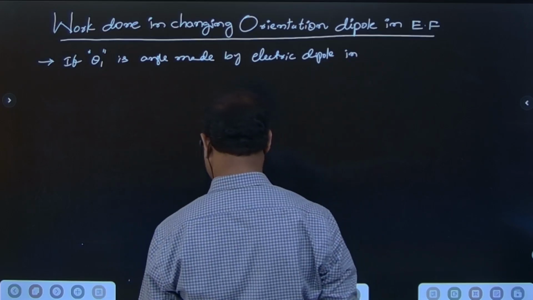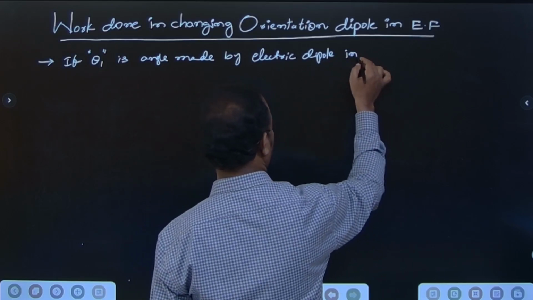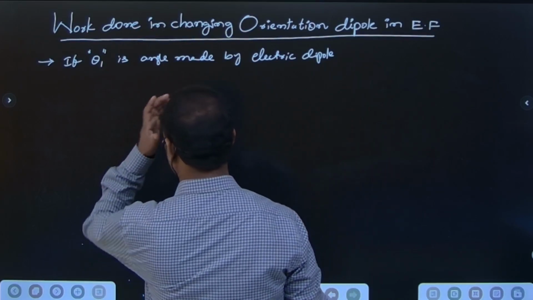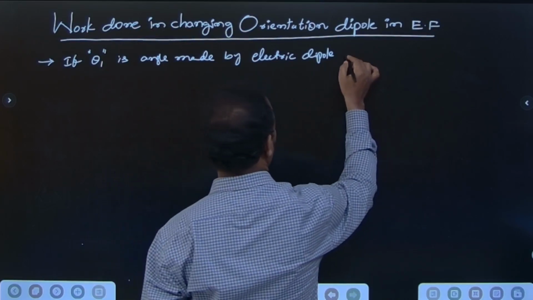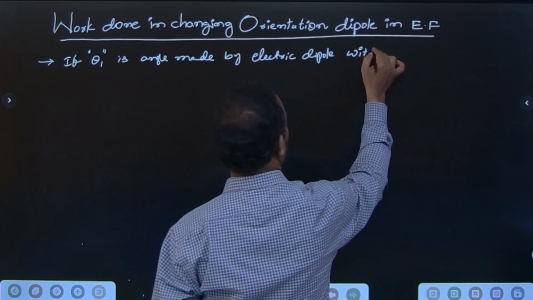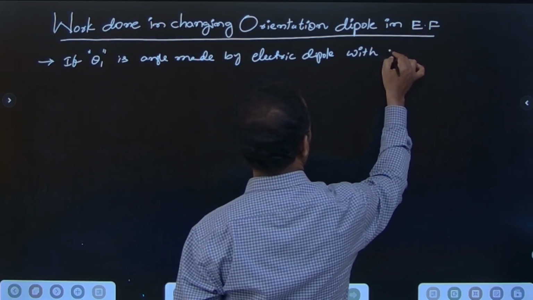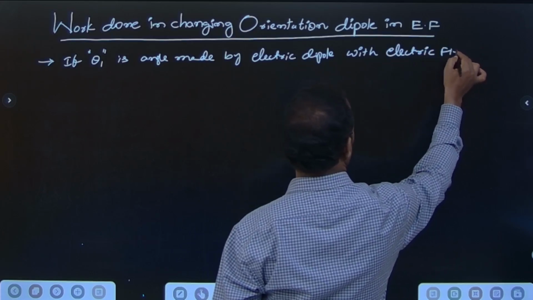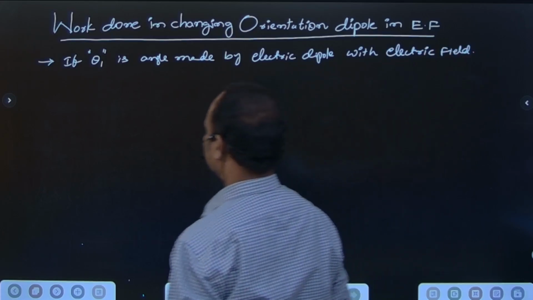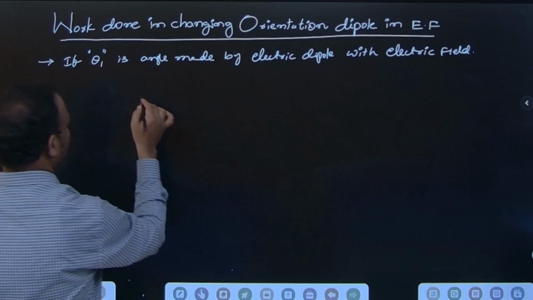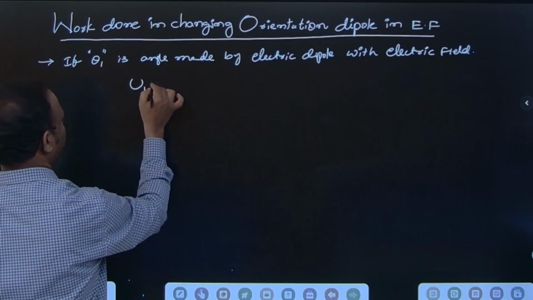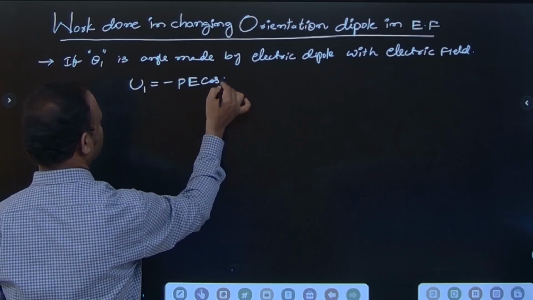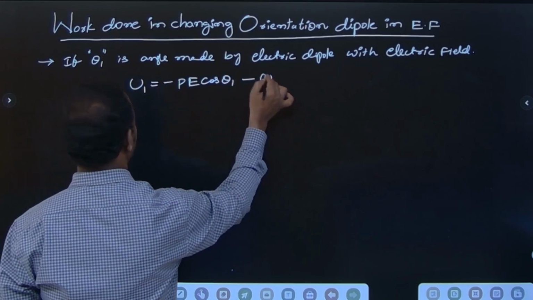If theta 1 is the angle made by the electric dipole with the electric field, then the potential energy U1 is equal to minus pE cos theta 1. This is my first condition.